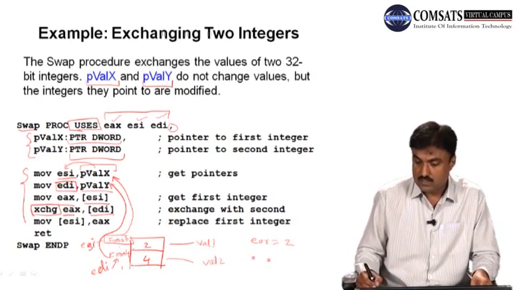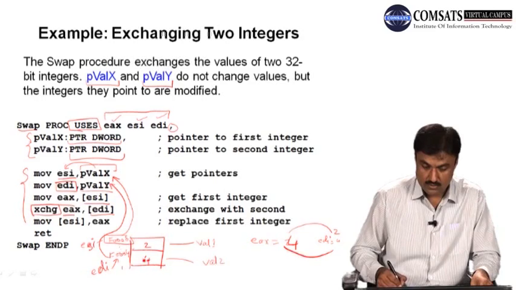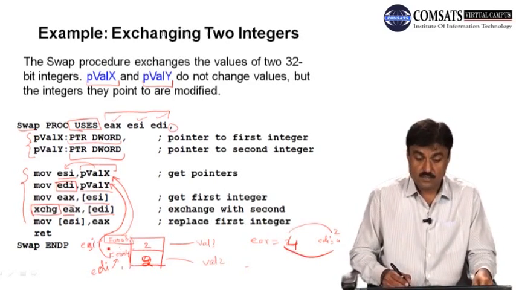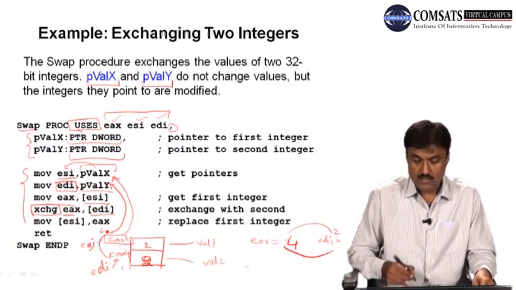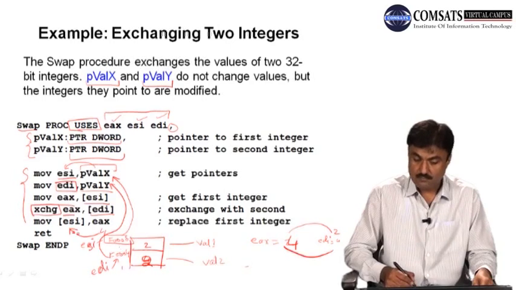So now we are going to exchange the value. So EDI, that is pointing to the value 4, will be exchanged here inside the EAX, and 2 will be placed there. So EDI's location will contain 2 and EAX will have the 4. And the next thing that we are going to do, the value which is being stored in EAX is being passed to the pointer ESI.